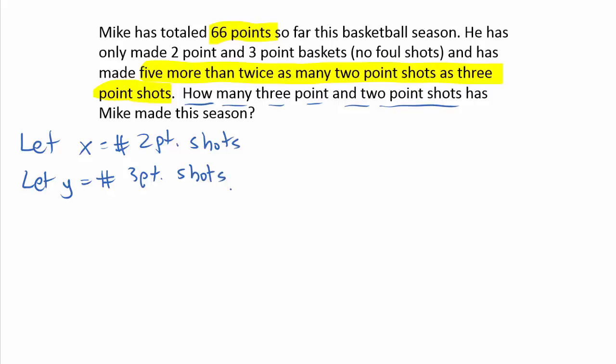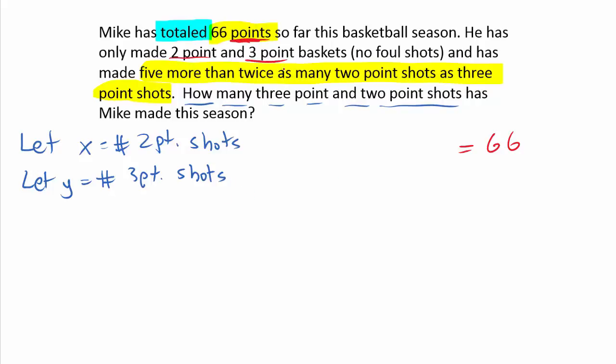Okay, and now that we're here, we're getting closer. We've got to go ahead and now write our two equations. So to write out these two equations, if we look here, this first one's going to be something you're familiar with if you watched the last video. That keyword is totaled. So in this case, I know that I have a total of 66. Something should equal 66. Now if I want to look at this, this is 66 points, and I know that points plus points should equal points.